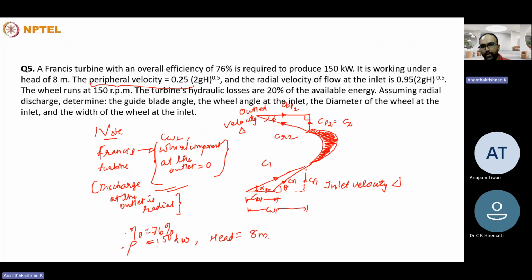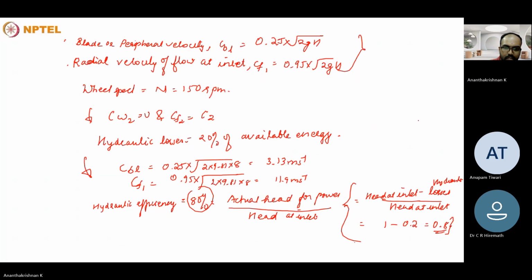So what we have to determine? We got this one, the hydraulic efficiency, which is nothing but the normal efficiency, equal to the shaft power produced to the kinetic energy that is available at the inlet of the turbine.